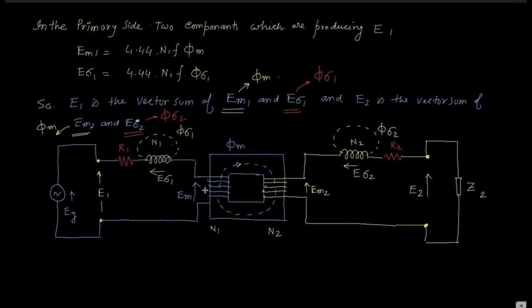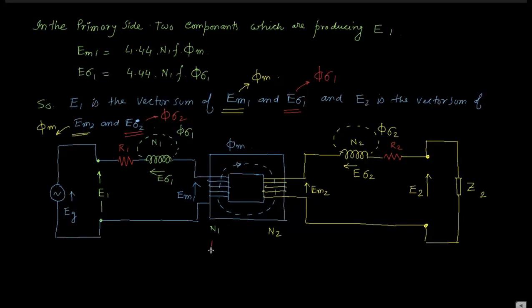Now you see that this is the lossy part, na? This is the lossy part. We can just take the lossy part out from the core component. So when a transformer core has no loss, then we can say that it is an ideal transformer.